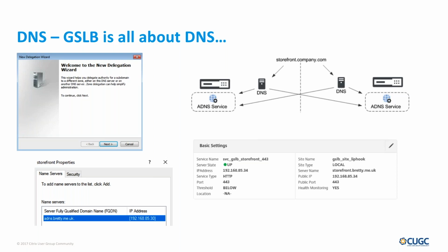This ADNS service on the NetScaler will check the GSLB database on the NetScaler, find out where the active service is running, whether that's in your primary data center or in Azure as a DR or HA capability, and then it will return the IP address of the vServer to the endpoint. And at that point, the user will then connect directly to that virtual server. It won't go via the GSLB vServer.